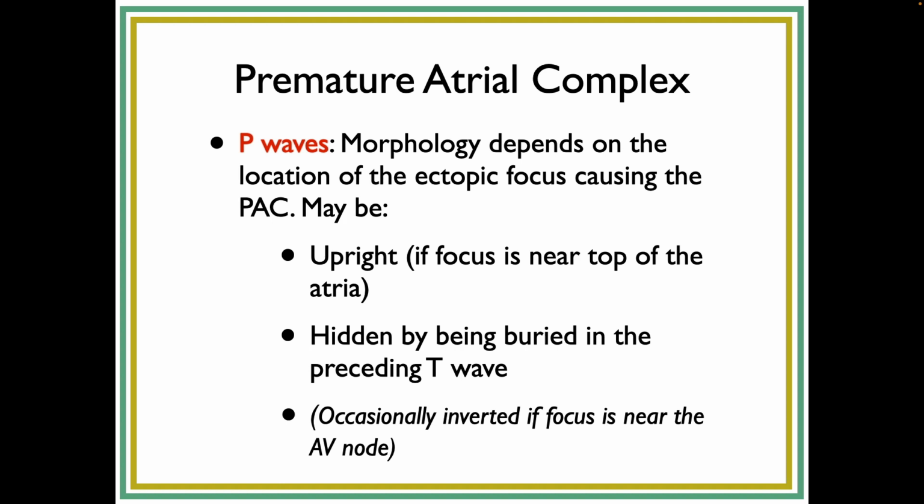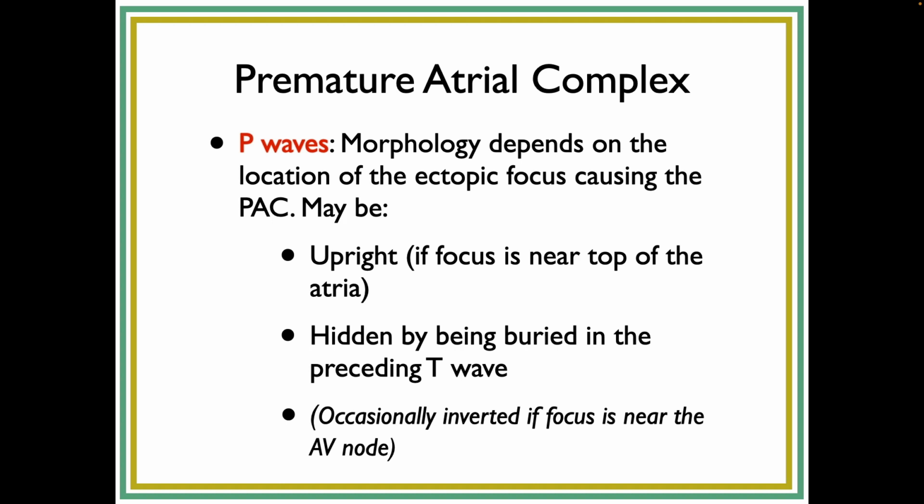Usually with a PAC, a premature atrial contraction, you will see a P wave and it will be upright. Okay, so it kind of looks like a sinus beat actually. Sometimes you can't see it at all because it's hidden in the preceding T wave. Remember, these things come in prematurely, so they come in right at the end of the T wave, and sometimes the P wave will hit the T wave.